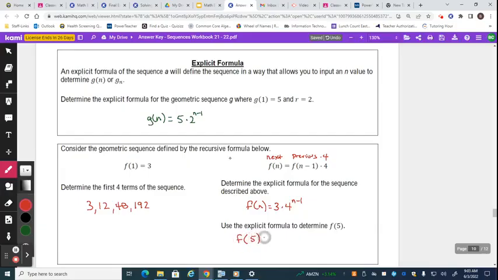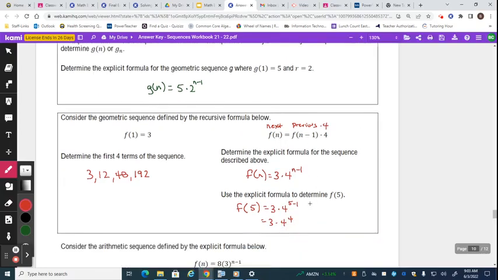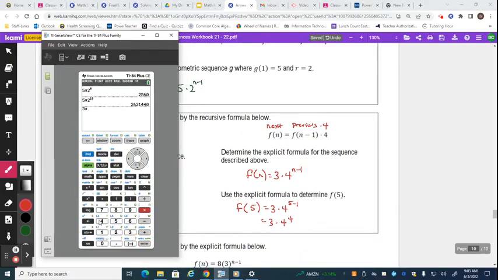So the fifth term is going to be 3 times 4 to the 4th power. And we get 768. Before I move on from this, I just want to put that in my calculator and look.